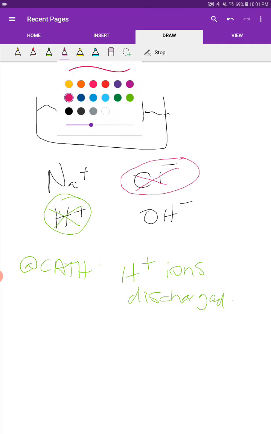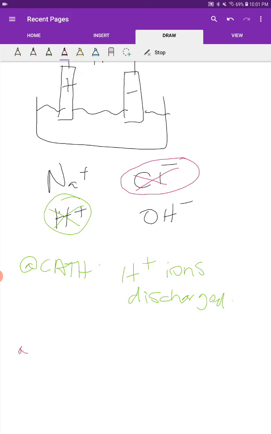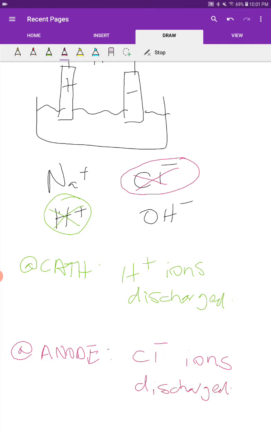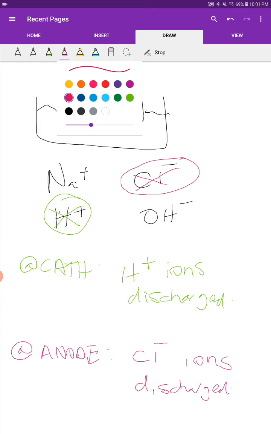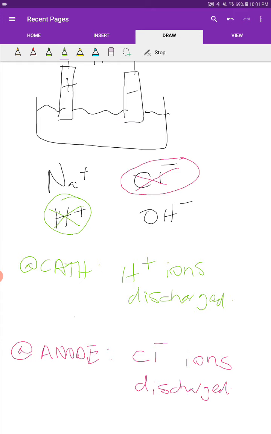This deviation from the electrochemical series only applies for when we have concentrated solutions. So at the anode, Cl- ions will be discharged. Okay, so you can write your ionic half equations and you will have 2H+ gaining 2 moles of electrons to give you H2 gas.